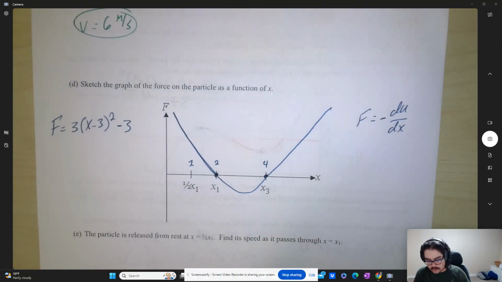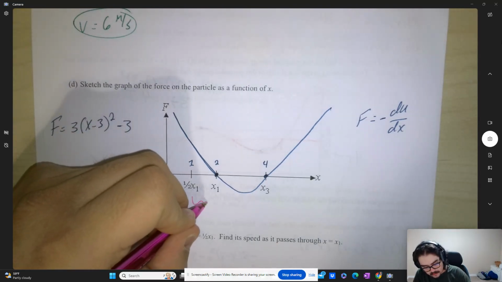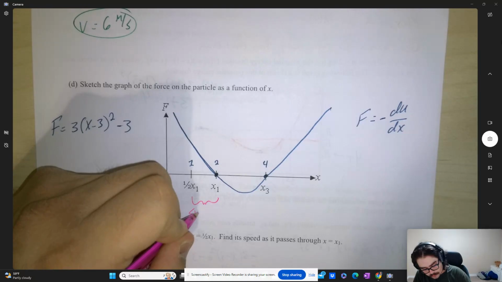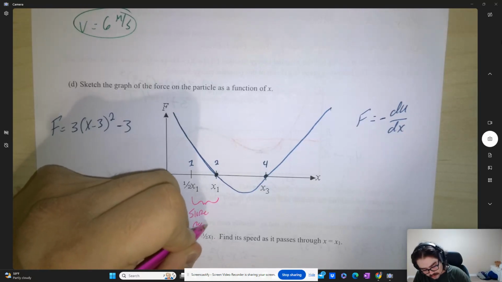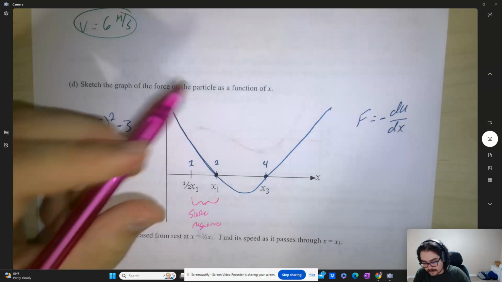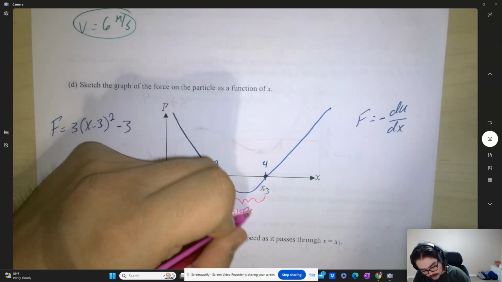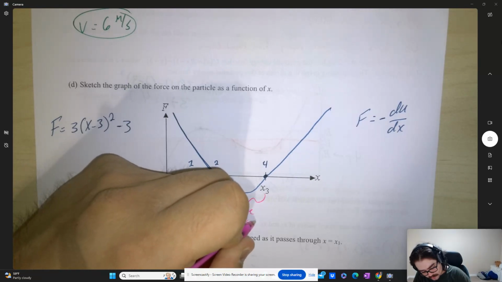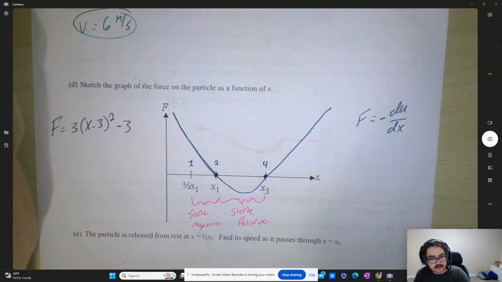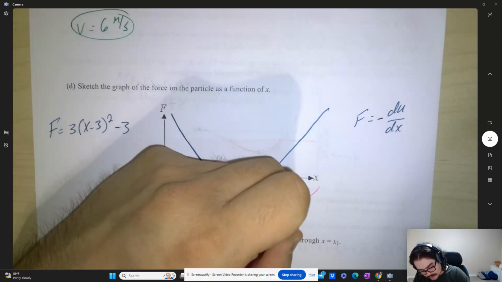Now it's important to note that in this first segment right here, the slope is negative, so that's why it's decreasing. The slope here is positive. And then for this last segment, the slope is negative again.